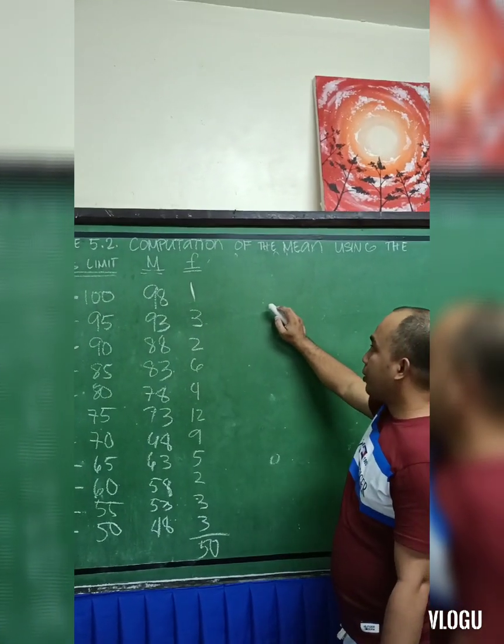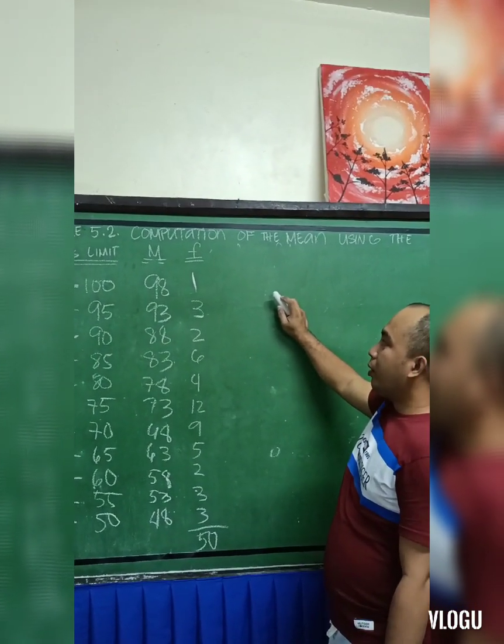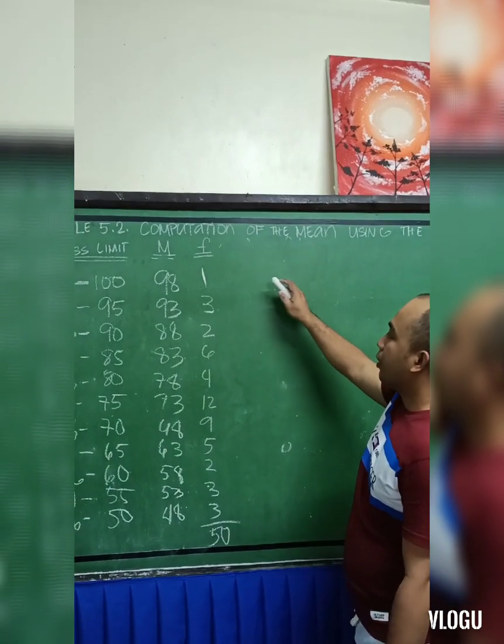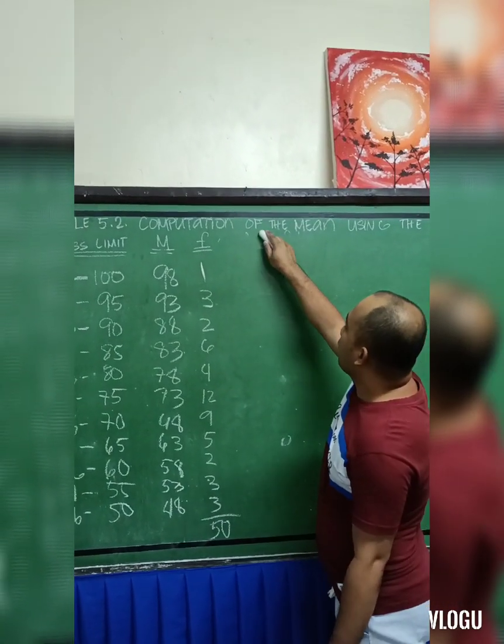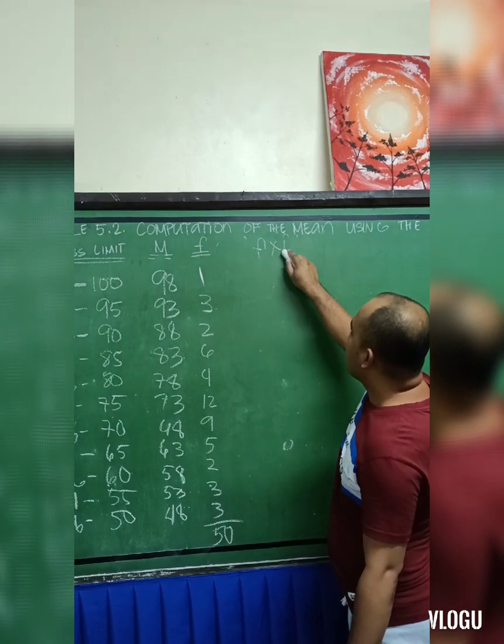Next, we need to establish the product of frequency and midpoint. So frequency times the midpoint.